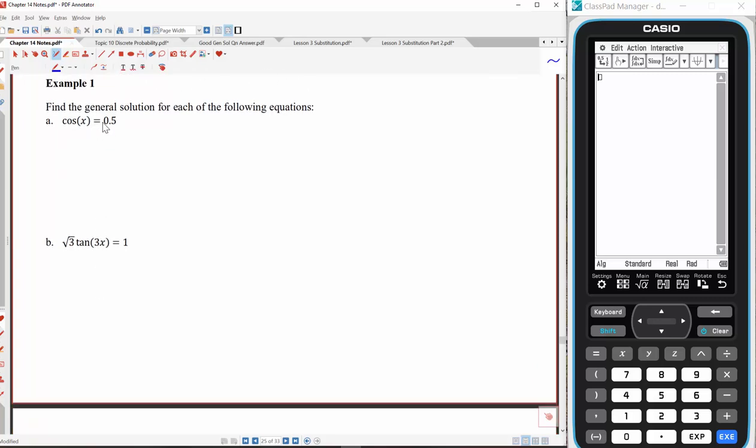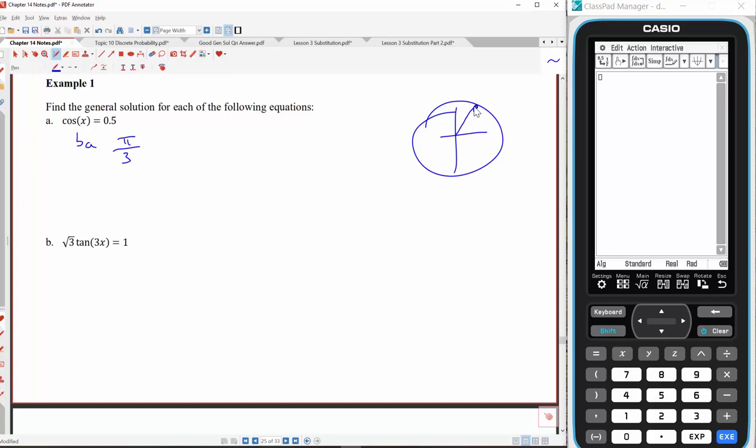So the first up is cosine x equals 0.5. When is cosine x equal to 0.5? What we do is the same as we've been doing in the past, which is we work out our base angles. So when is cosine equal to a half? That base angle is going to be pi on 3.